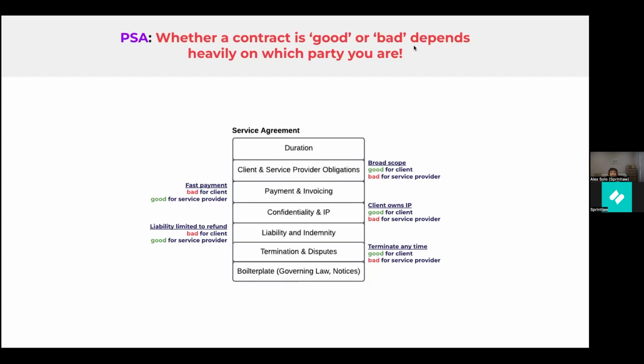So it's really, really important to keep in mind when you're reading an agreement: who am I in here, and what do I care about? And is this agreement or document serving me, my purposes, or is it serving the other party's purposes? Very, very likely if someone else has given you a contract, it serves their purposes because it's their contract. And so it's good for them, and they're not often thinking about what's good for you.